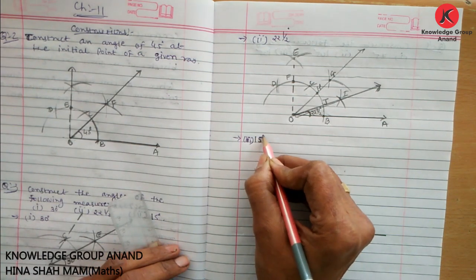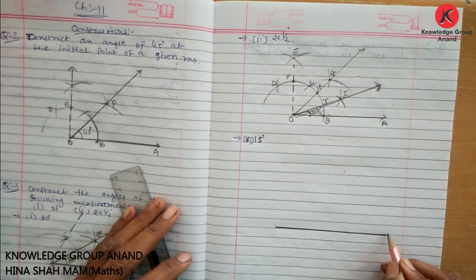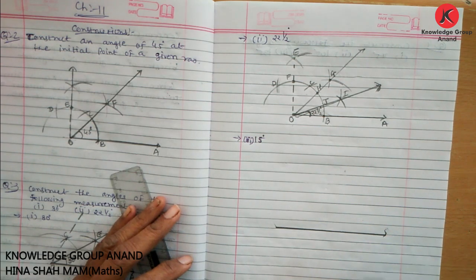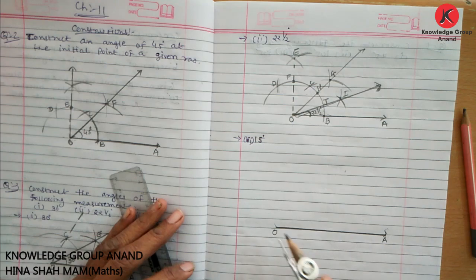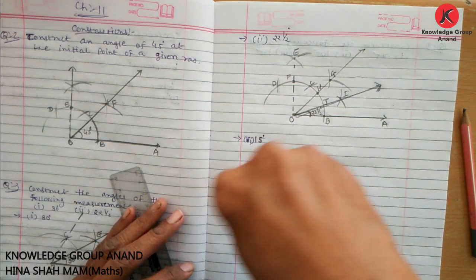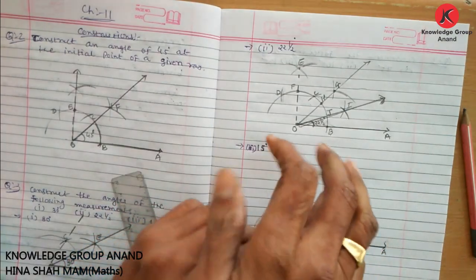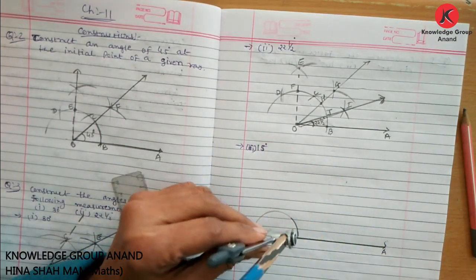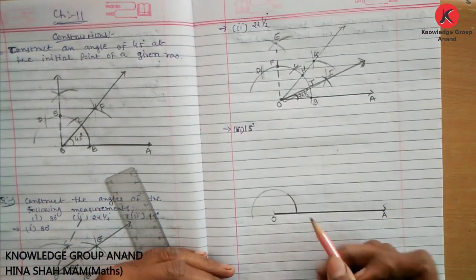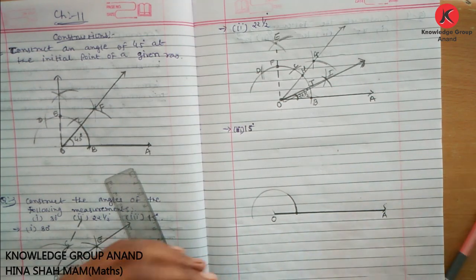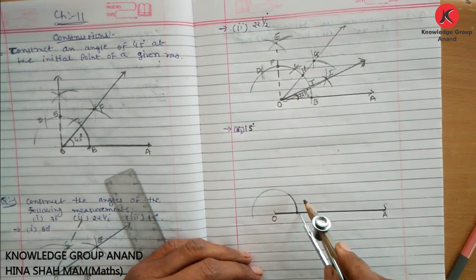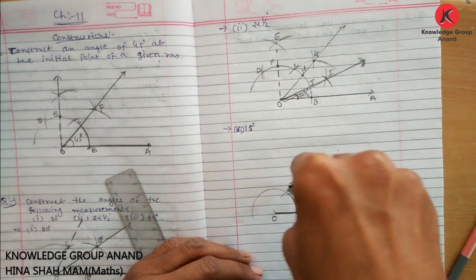Then we draw angle 30 and the bisector of angle 30. Draw any radius. This point. Then you draw arc 60.